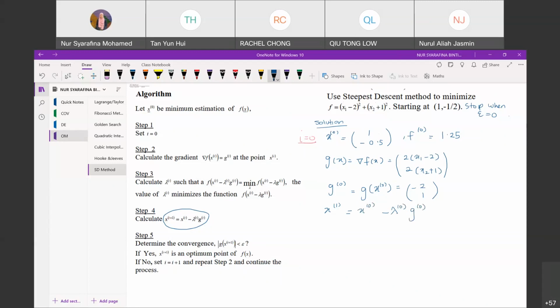So x1 equals x naught, 1, minus 0.5, minus lambda naught times g naught, and you have here 1 plus 2 lambda naught, minus 0.5 minus lambda naught.